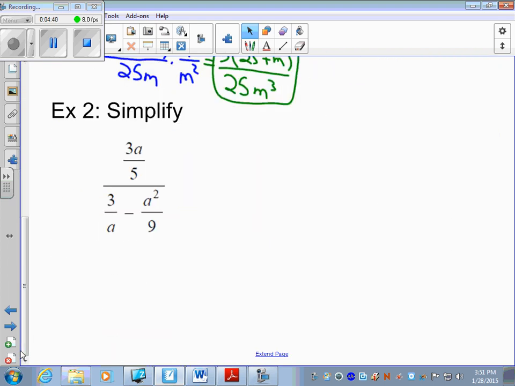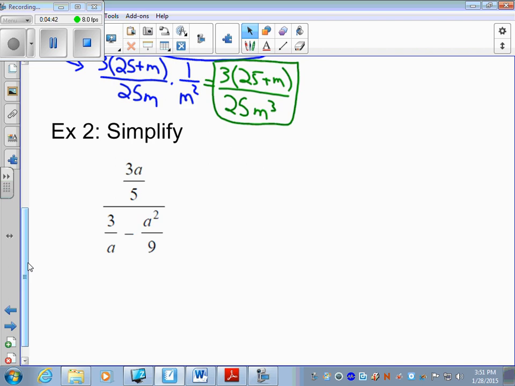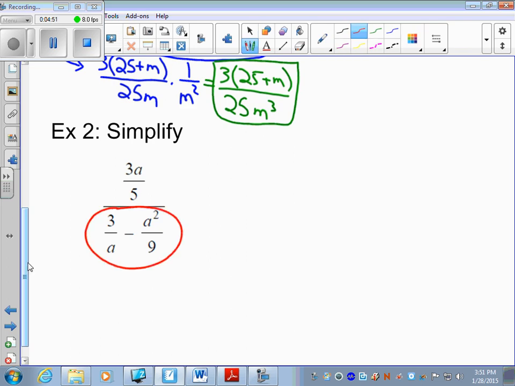Here again, the first thing I look for is combining fractions with addition or subtraction. I see a subtraction in the denominator, so I'm just concentrating on the red, what I circled there. I need to get those fractions together. So to combine fractions with subtraction, you have to get like denominators.